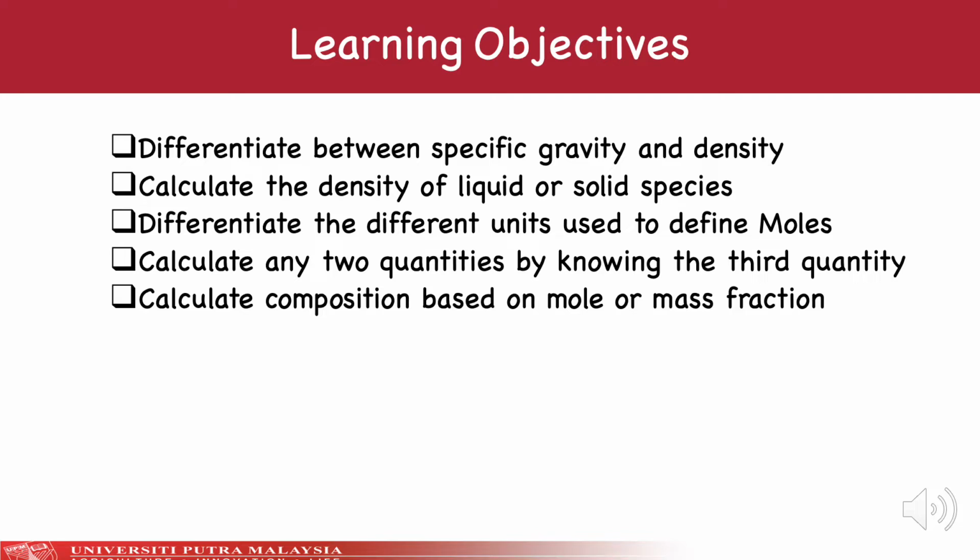We are also going to look into how we can find a quantity by knowing two other quantities. So we are trying to solve for unknowns if we are given known values.